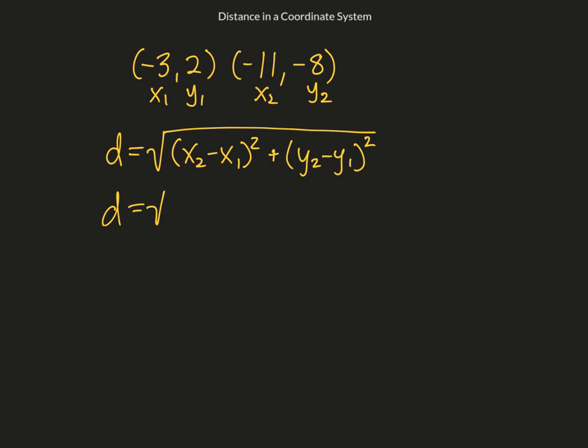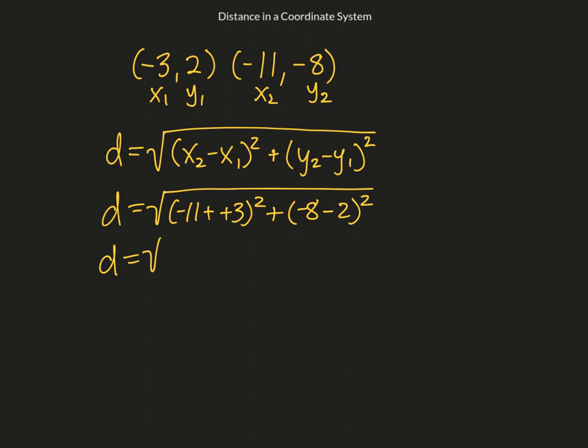X sub 2 is -11 minus x sub 1, -3 squared, plus y sub 2 is -8 minus y sub 1 is 2 squared. So minus a negative is plus a positive. Finding the difference there is -8 squared plus -10 squared.